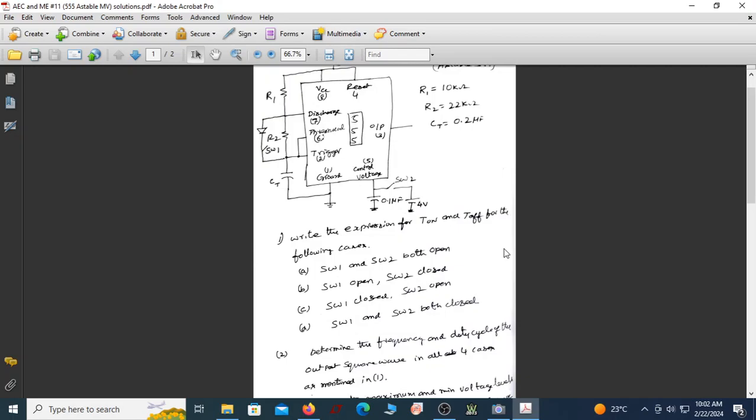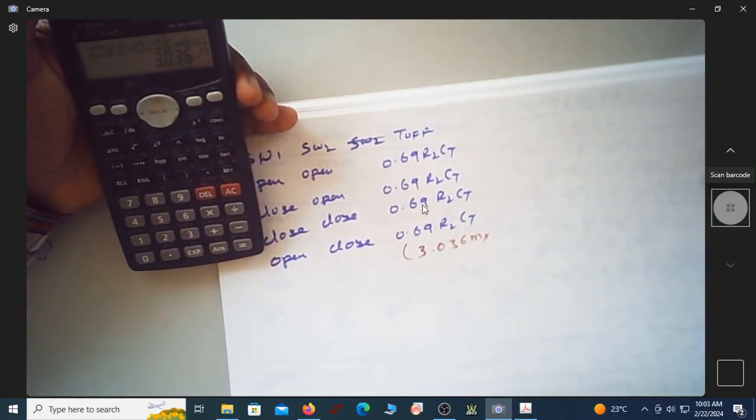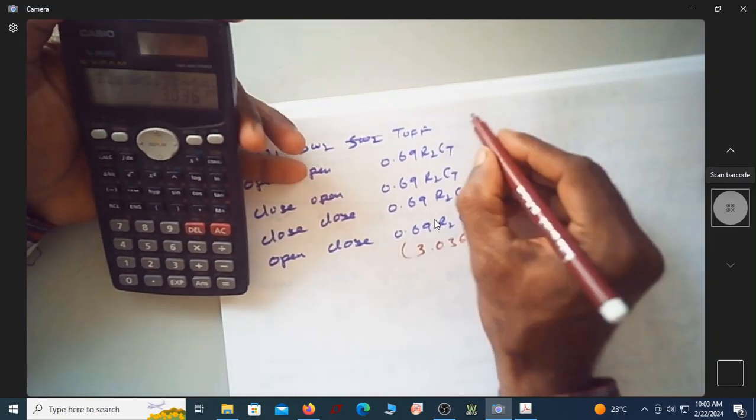It is 2.22K, it is 22 exponential 3 into 0.2 exponential minus 6 into 0.69. So for all of them, the time is 3.036 millisecond. That's the T off you have. So this is the time for all of them. T off is the same. Let us write what T on is.